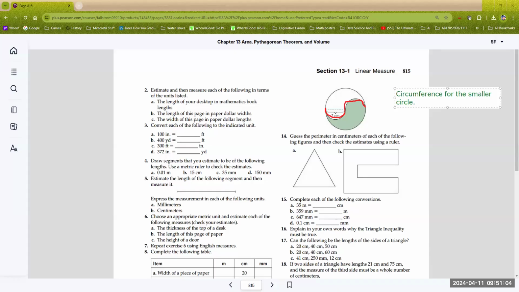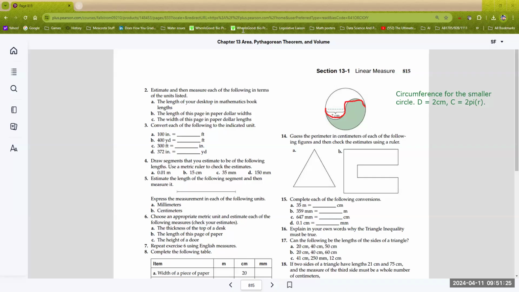Remember, the smaller circle has a diameter equal to 2 centimeters, but you need C equals 2 pi r. I'll put the r in parentheses so it's a little easier to see. C equals 2 times pi times r. And that's how you can get there.